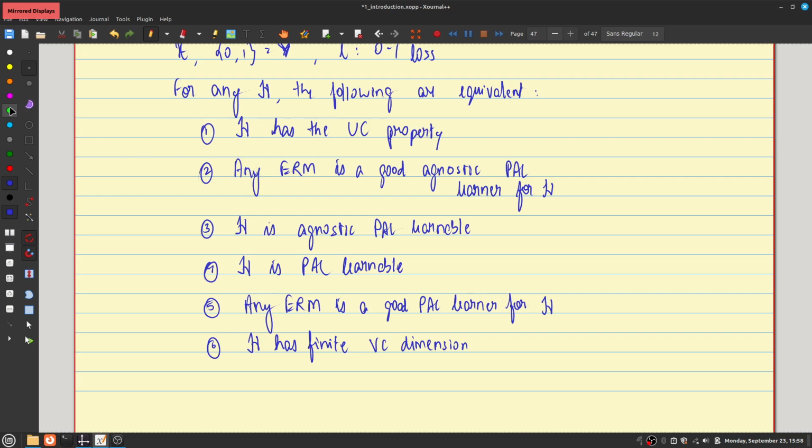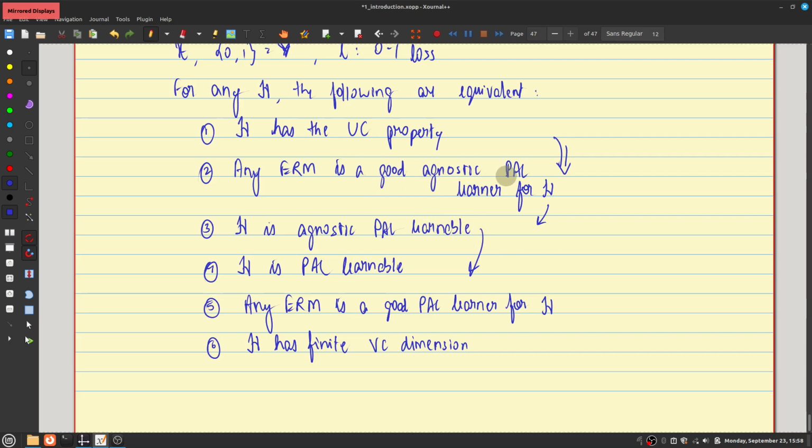Right? So this we have seen, from 1 to 2, we've seen before. And by definition, if 2 is true, then 3 is straightforward, because ERM is one specific learning algorithm. And if it is agnostic PAC learnable, then H is PAC learnable. That is also clear.